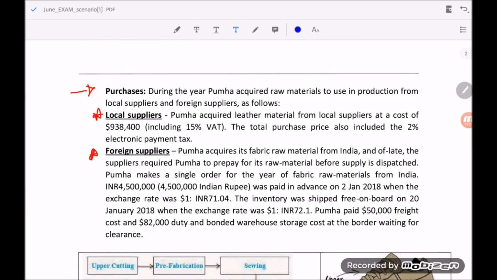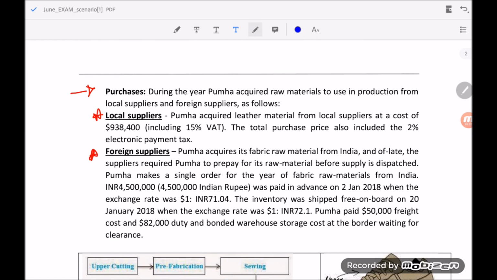And then further down, we see some purchases taking place. They went on to purchase some raw materials. For the purchases made locally, Puma acquired leather material from local suppliers at a cost of 938,400, including VAT. It is important, ladies and gentlemen, to note that there is VAT here.